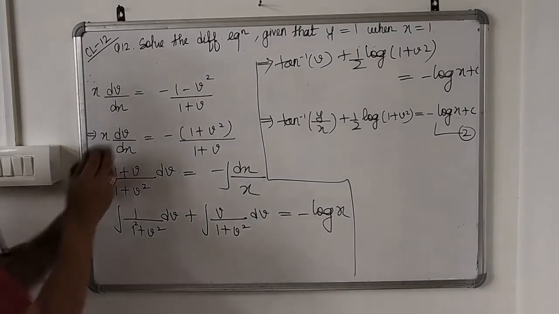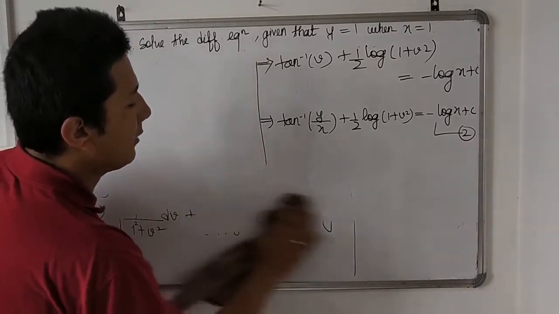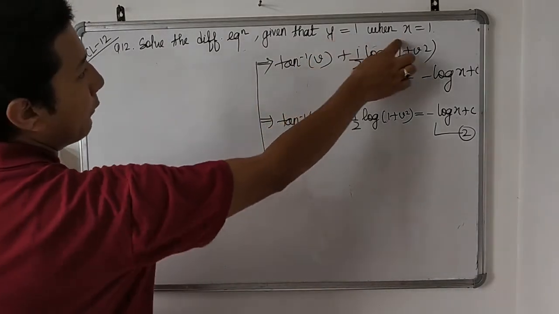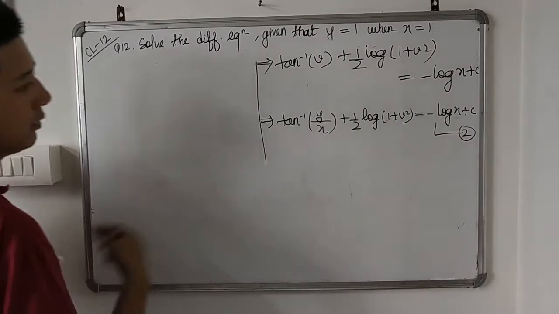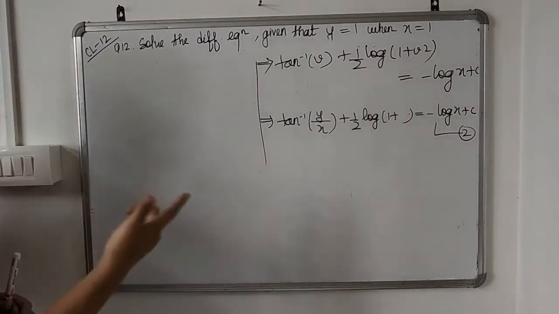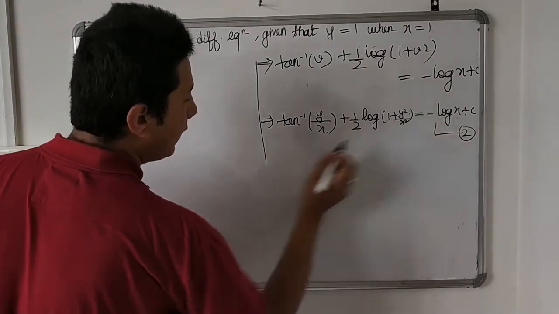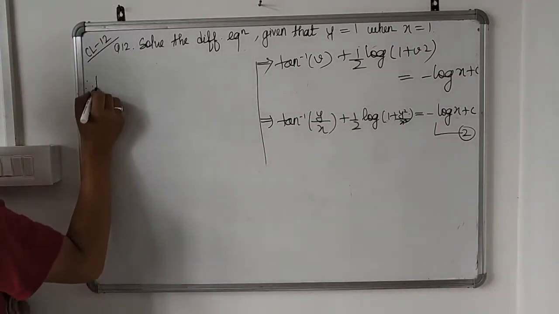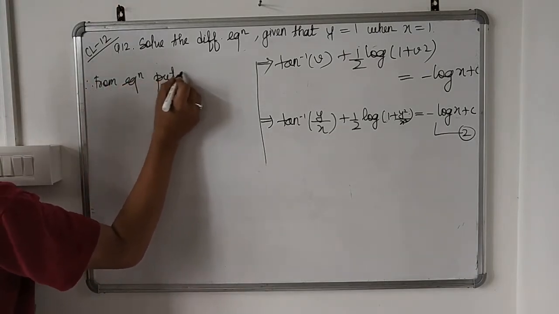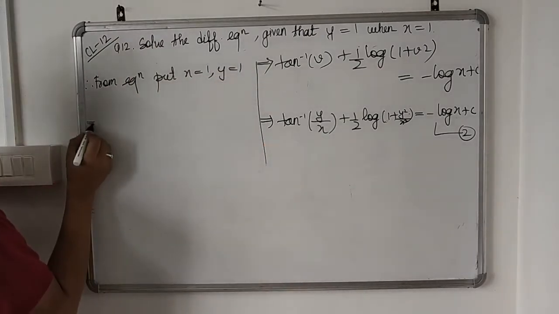Now, according to the question I have to find the particular solution, right? So put x equals 1, y equals 1 in equation number 2. Oh sorry, this is v square. Since y is equal to vx, v is equal to y by x, so v square is y square by x square. So from equation 2, put x equals 1, y equals 1.